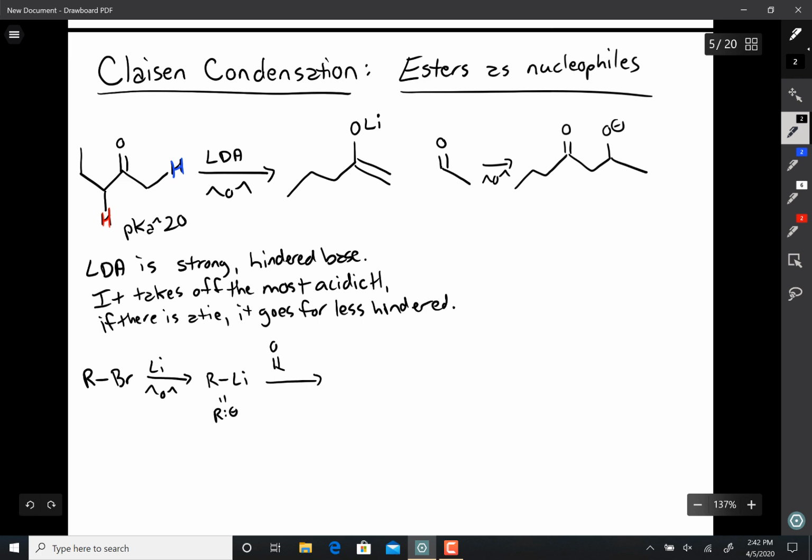Treat this with an aldehyde, and then reprotonate. And here we protonate.